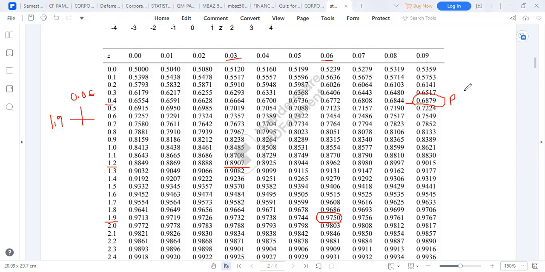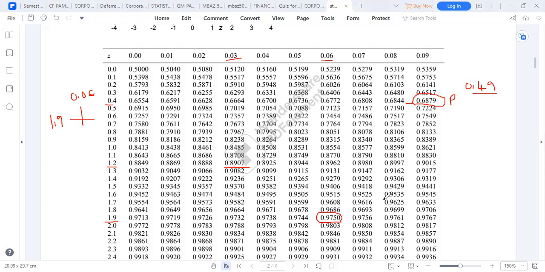Yes, 0.49. So what she did is simply adding 0.4 and 0.09. You get 0.49, correct. So this is reading from probability to Z.